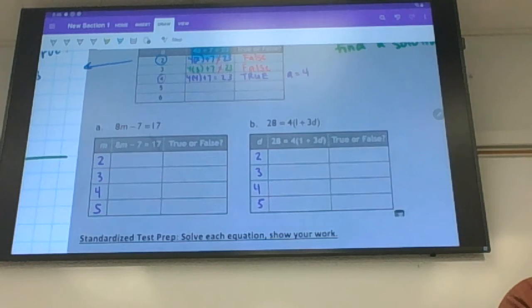Alright, so I just filled these in. You'll be provided with the replacement set. So same replacement set. Take M out, put 2 in, and decide is it true or false.